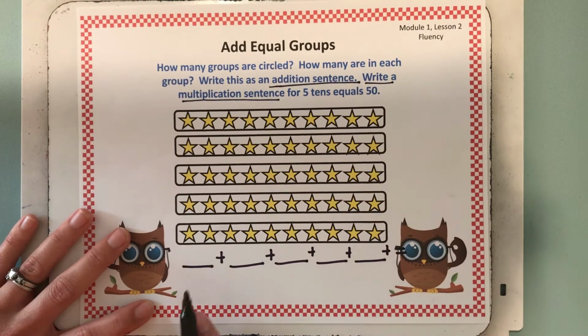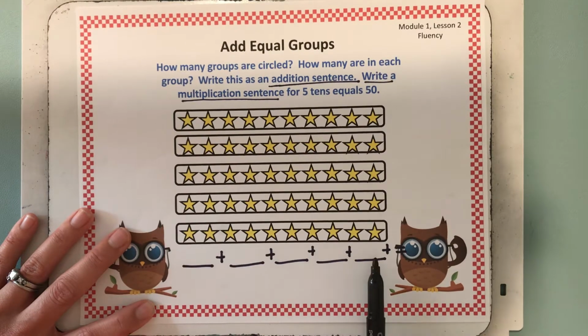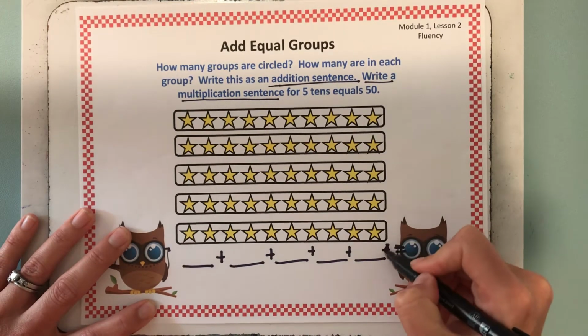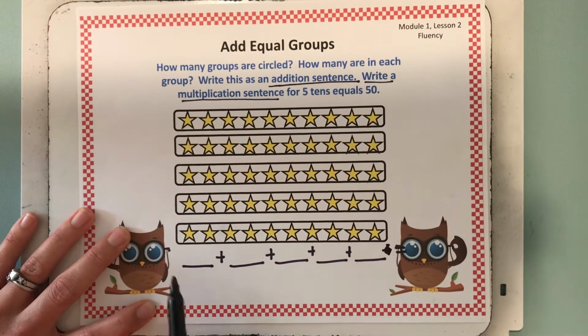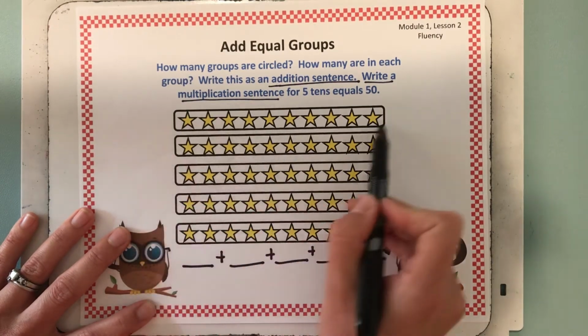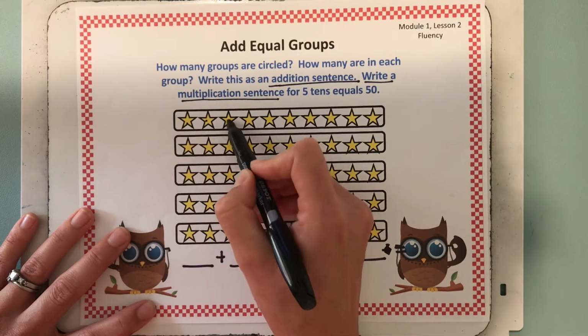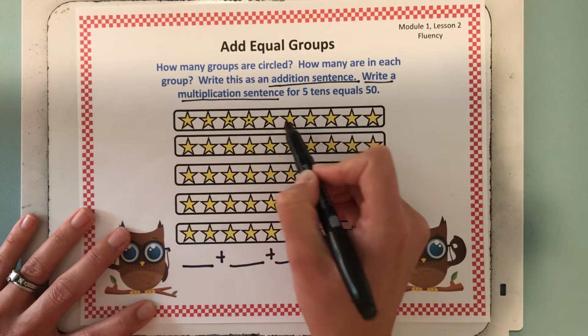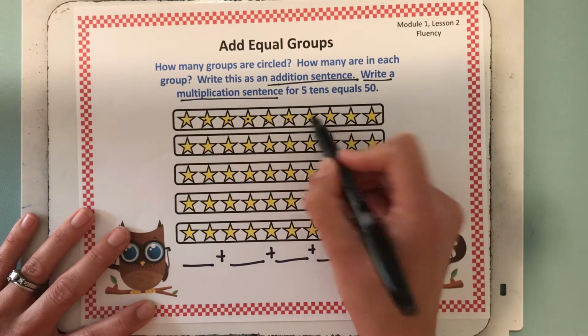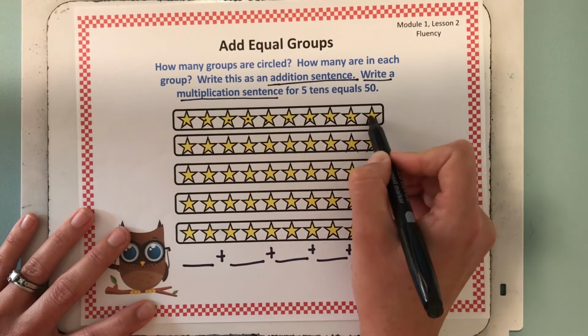So here you should have put, if you've pushed play already, you should have done 5 groups. 1, 2, 3, 4, 5, right? I put an extra one there. And in each of the groups here, is how many stars? Let's see. 1, 2, 3, 4, 5, 6, 7, 8, 9, 10.